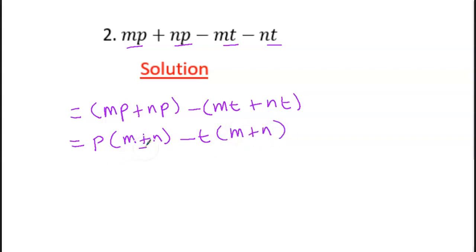Once again, check. We have m plus n, m plus n. So you do re-factorization. M plus n is common. So you bring m plus n out. Now when you bring it out, you are left with p minus t. So m plus n times p minus t will be your answer.